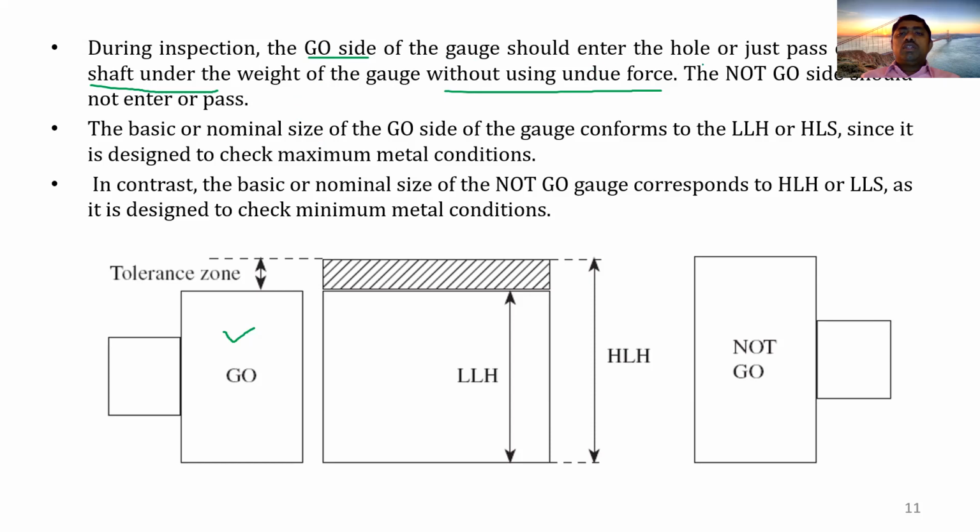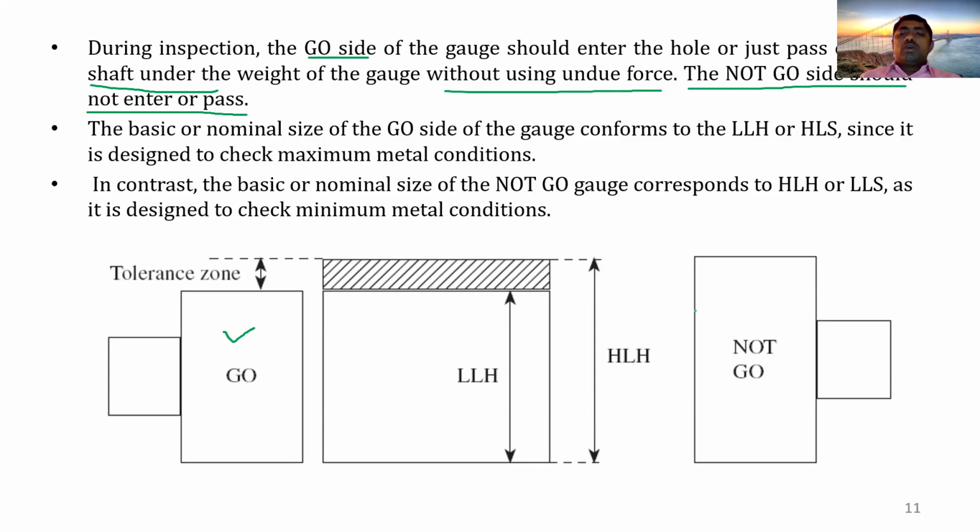The GO gauge should enter the hole or just pass over the shaft. If we consider the shaft, the go end is designed for the maximum metal limit, so the go end should pass over the shaft without applying undue force or pressure. The NOT GO gauge side should not enter or pass.